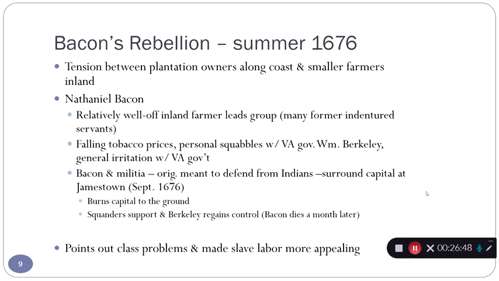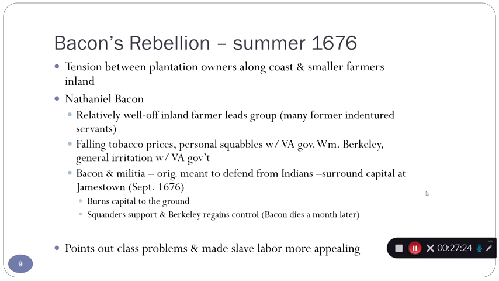But especially in and around the Chesapeake, it starts to lose its appeal, partially because of just the economics, as you have more indentured servants that are putting more of a strain, making more demands of the Virginia government, and also just the cost of constantly bringing new indentured servants into the colony for them only to serve for 5 or 6 or 7 years. That starts to wear on plantation owners who are looking at other options.